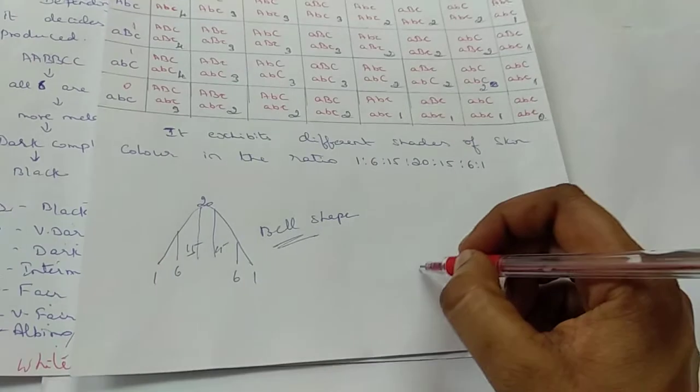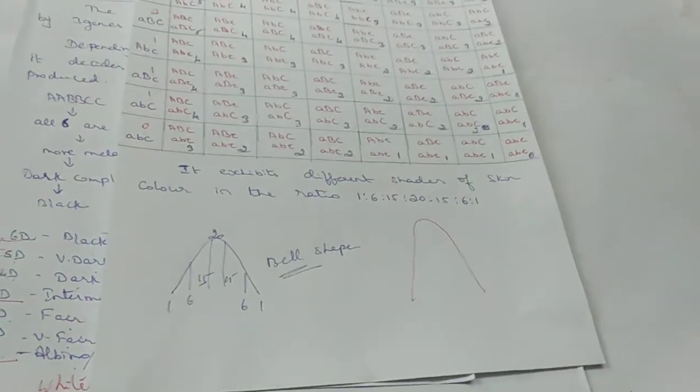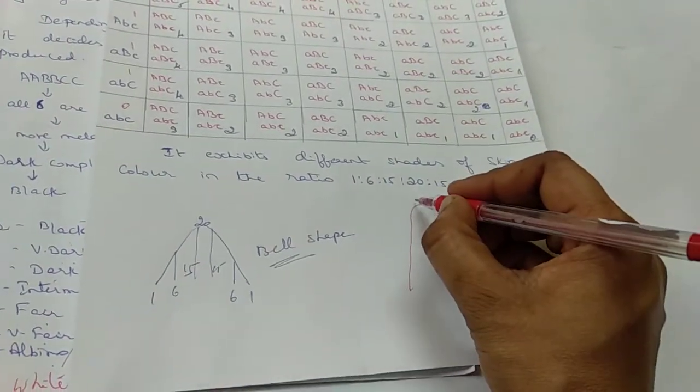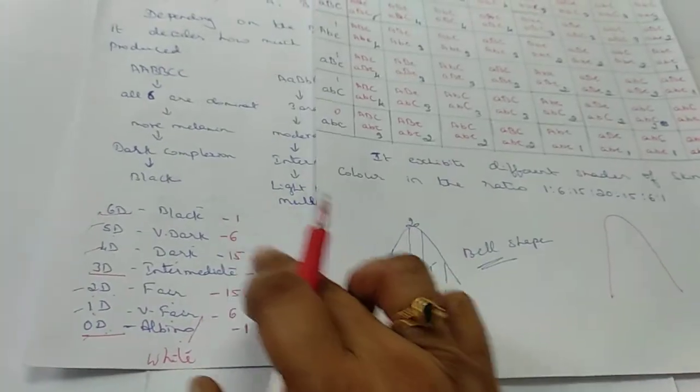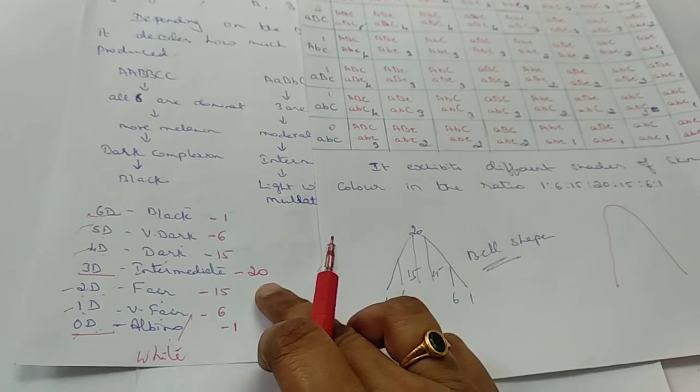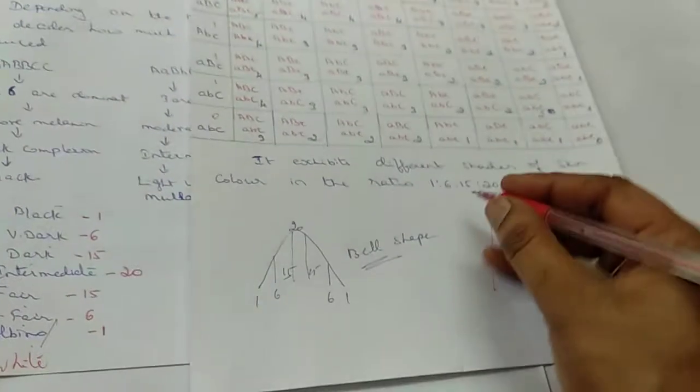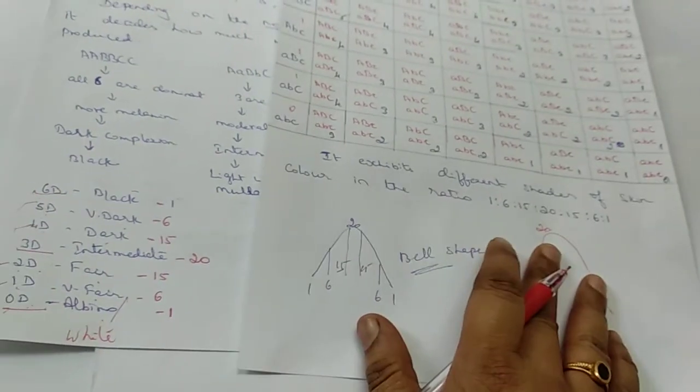When you plot a graph, you get a bell shape. With this bell shape there is a peak in the intermediate, where the number is 20, so it comes toward the peak range.